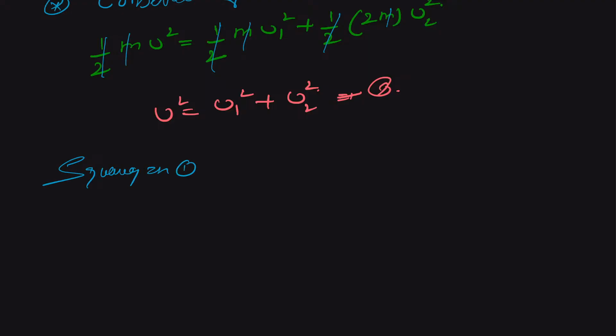Squaring equation 1, we get v square is equal to v1 plus twice v2 whole square, which is giving us v1 square plus 4 v2 square plus 4 v1 v2, and we are going to eliminate this v square.